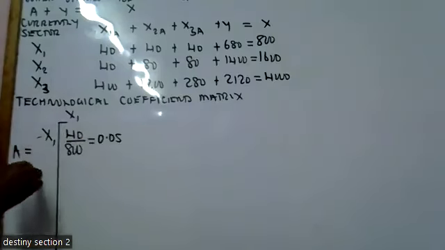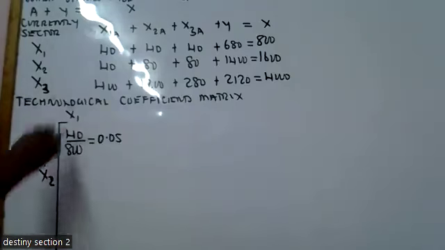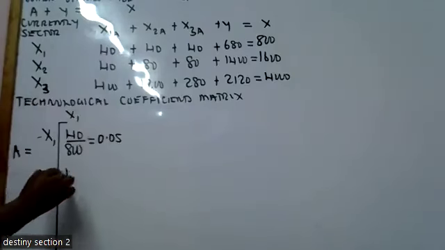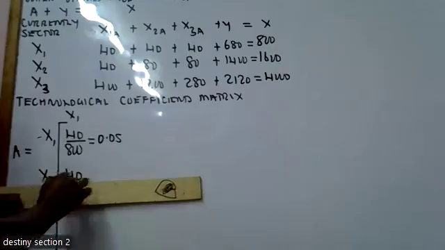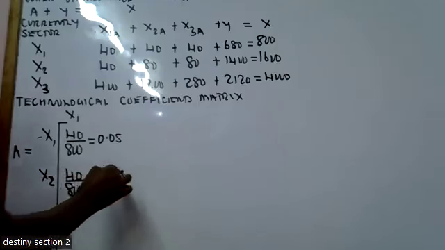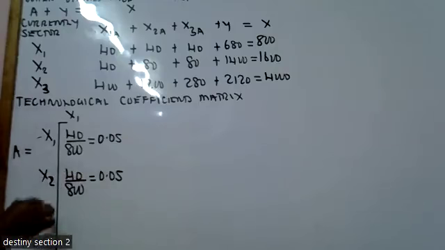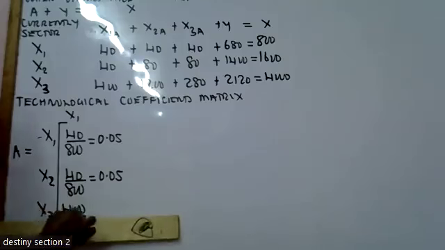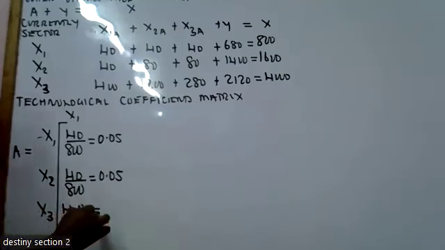Then coming here to x2, you take this 40 and divide by 800 again, so the answer is still the same. Then coming to x3, you take this 400 and divide by 800.